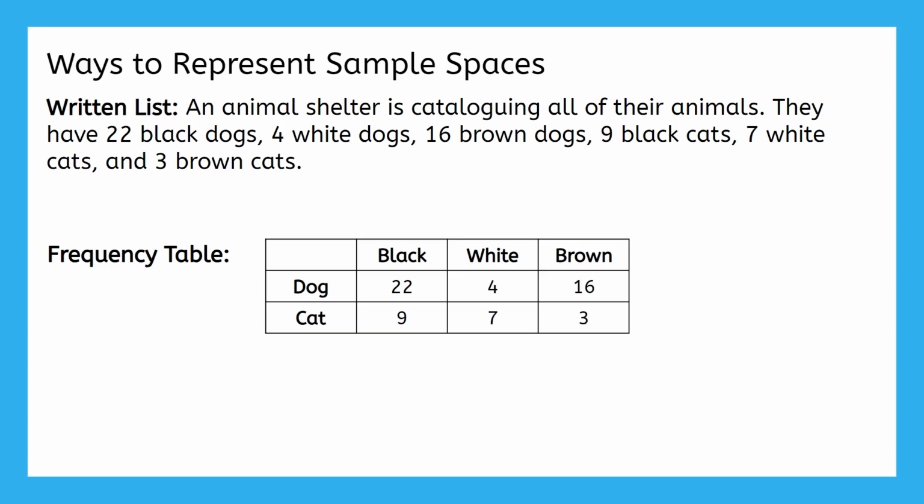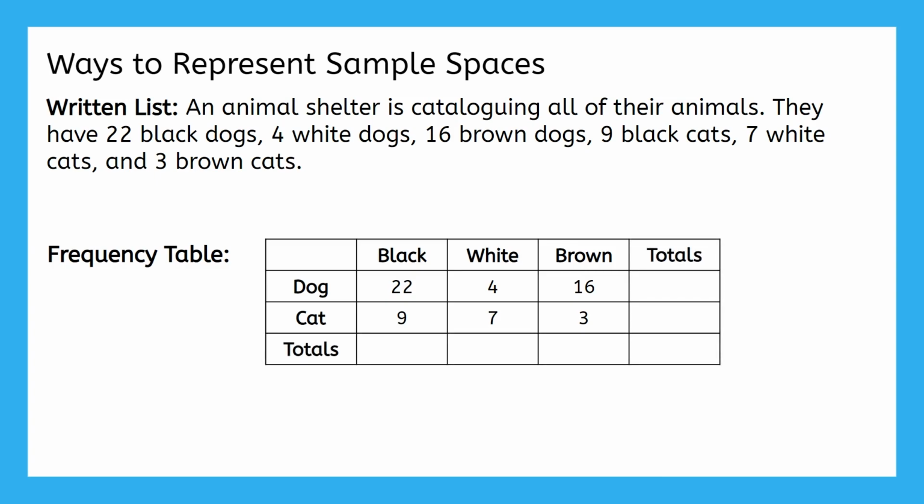One extra beneficial part of tables is that we can add a row and column for the totals of each characteristic. If we look at just black animals, there are 22 dogs plus 9 cats, so 31 total black animals. How many total white animals are there? 4 white dogs and 7 white cats makes 11 total white animals.